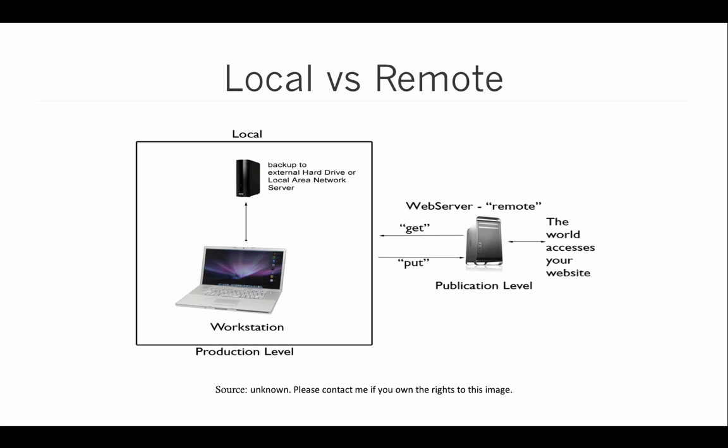The remote server is the computer that's somewhere else in the world, somewhere else out on the internet. The nice thing about this is that other people in the world can access the files off of the remote server, but they cannot access the files off of your local computer. So that gives you a clean, safe space to build the website and to test it in your local browser before publishing it to the remote server.